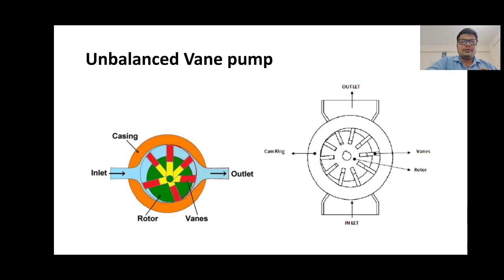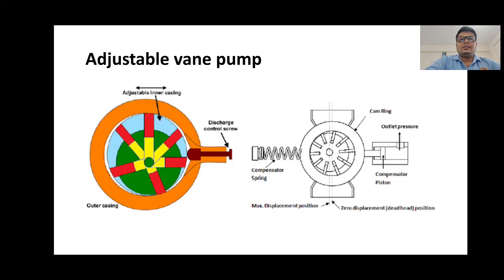In this type of pump, the tips of the vanes generate wear with the housing. So after some time in practical application or working condition, this type of pump may lead to small leakages.